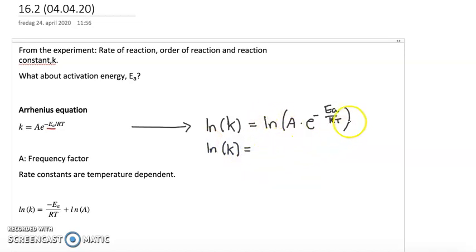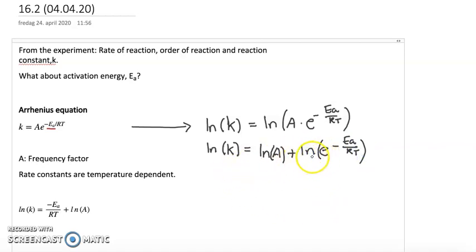And we apply logarithm rules, saying that if you multiply two things in a logarithm, you can separate them. I can use the parentheses as well. ln to E in minus activation energy, gas constant, and temperature.